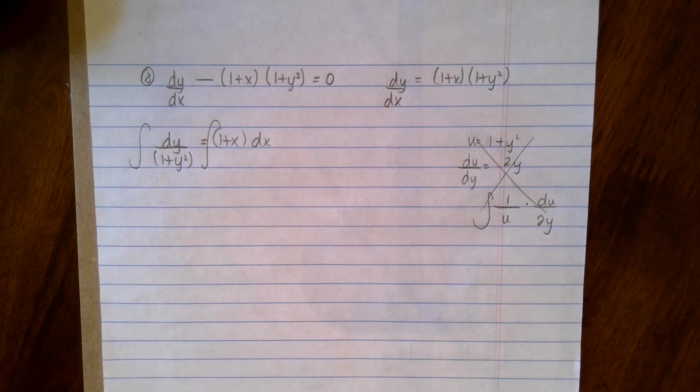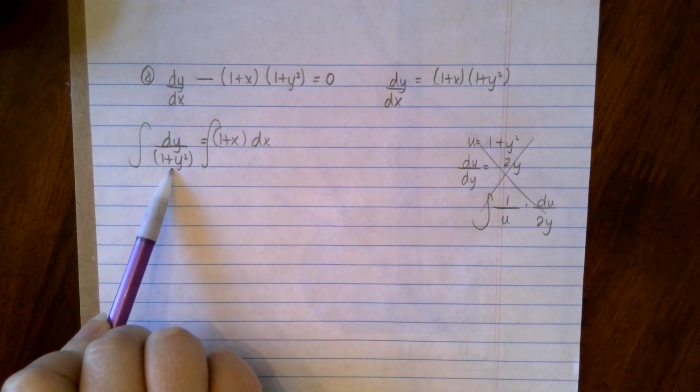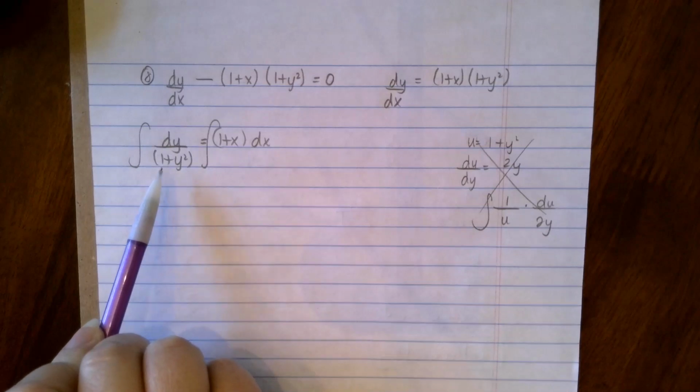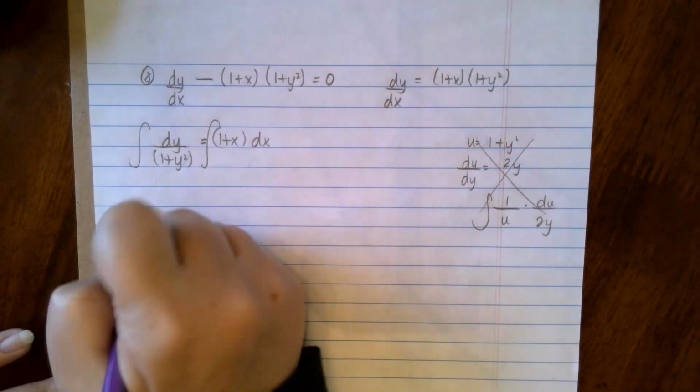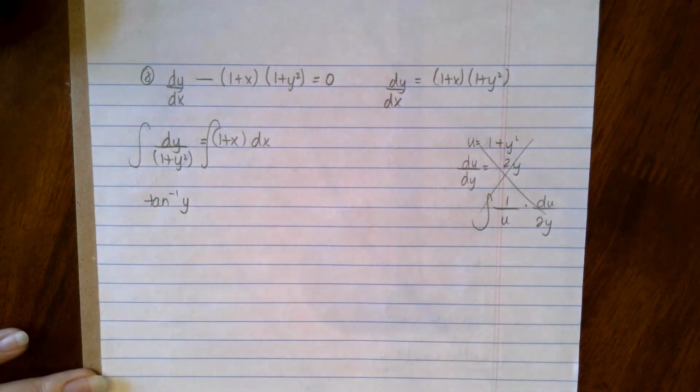What are my inverse trig functions? I've got inverse sine, I've got inverse tan, and I have inverse secant. This one had the plus sign at the bottom. That reminded us of the t, so it was inverse tan. So this is just inverse tan of y.